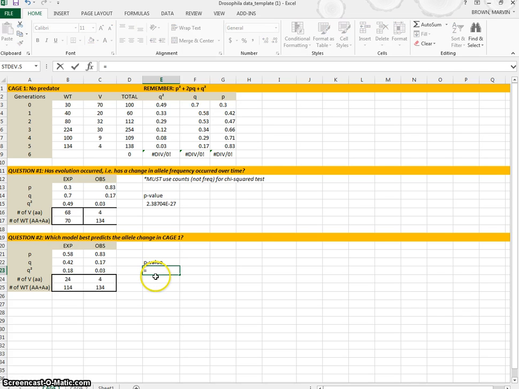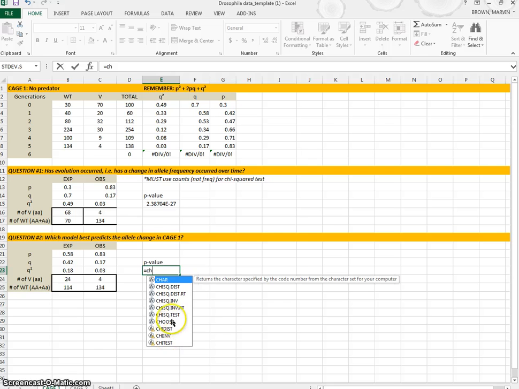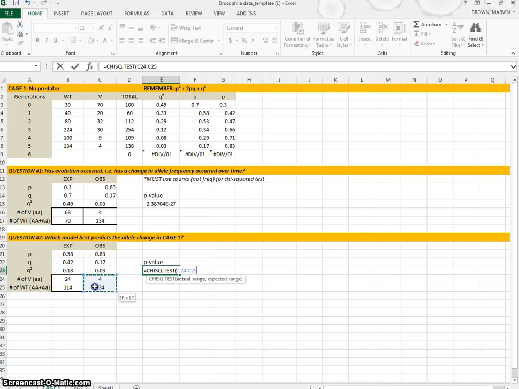So now we do equals chi-square test, actual, and expected. And we have still statistically different. What does that mean? That means that what we have didn't match what the Populus model says it would be. So they're not all at fitness level 1.